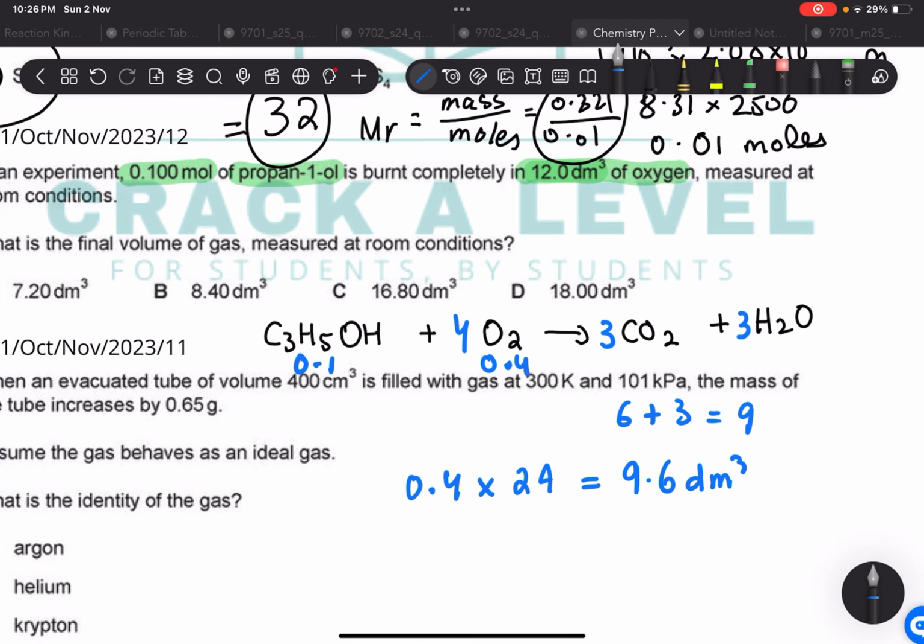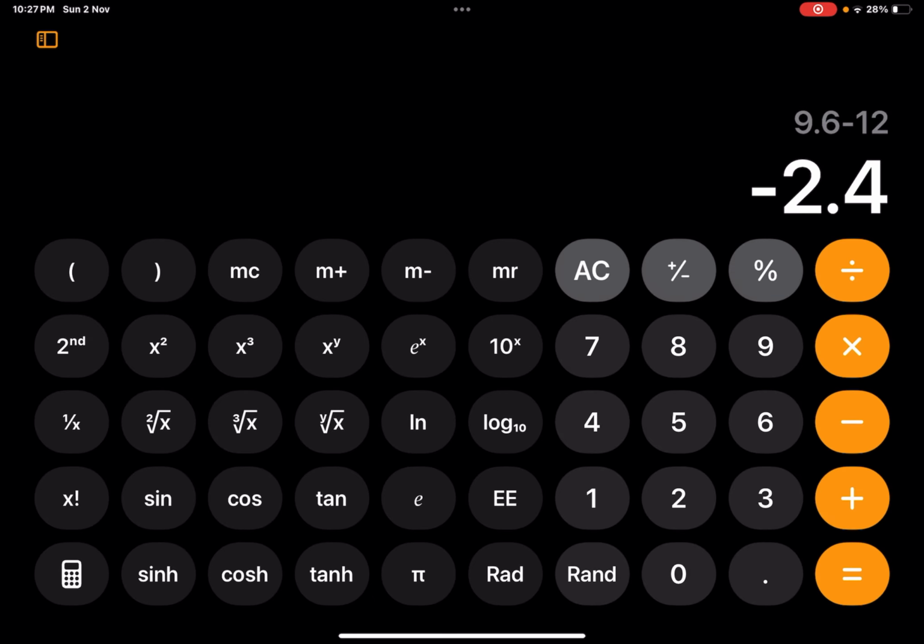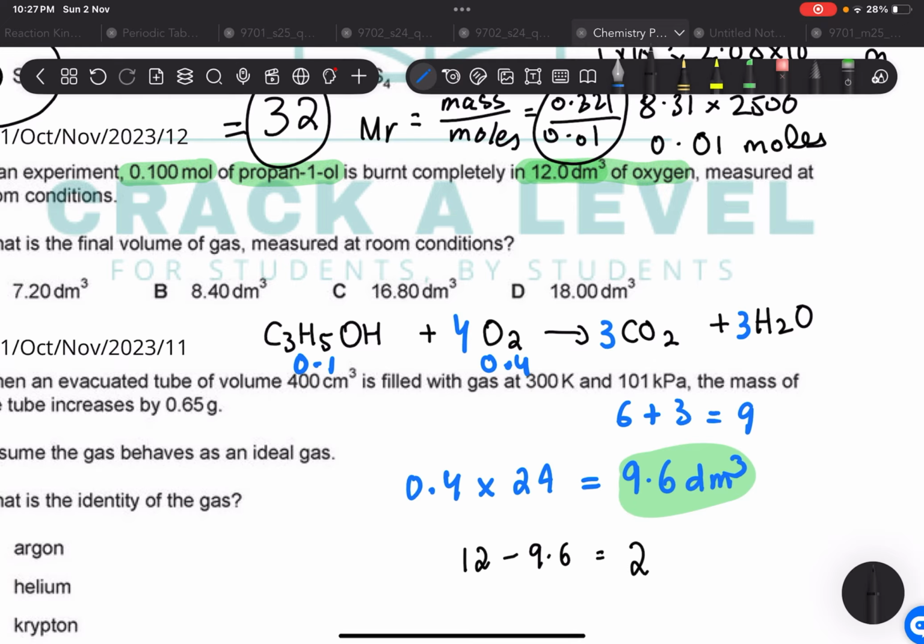So this is the volume of oxygen that's going to be utilized. Out of my 12 dm cube of oxygen, this much is going to be used up. So how much oxygen is going to be left? 12 minus 9.6. So we have 2.4 dm cube of oxygen in excess, that's going to be left. So we don't use it.